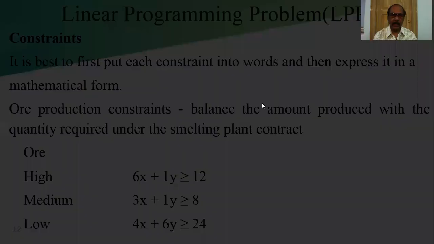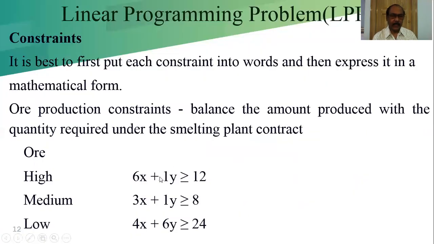So from that we can write 6x plus 1y greater than or equal to 12 for the high grade, medium grade 3x plus 1y greater than or equal to 8, and for the low grade 4x plus 6y greater than or equal to 24.